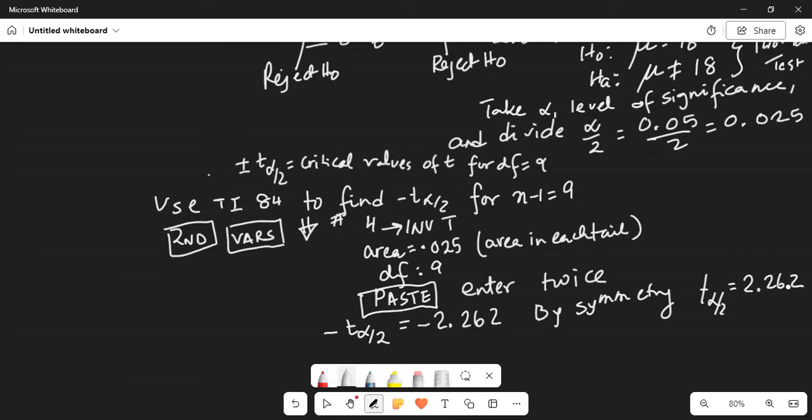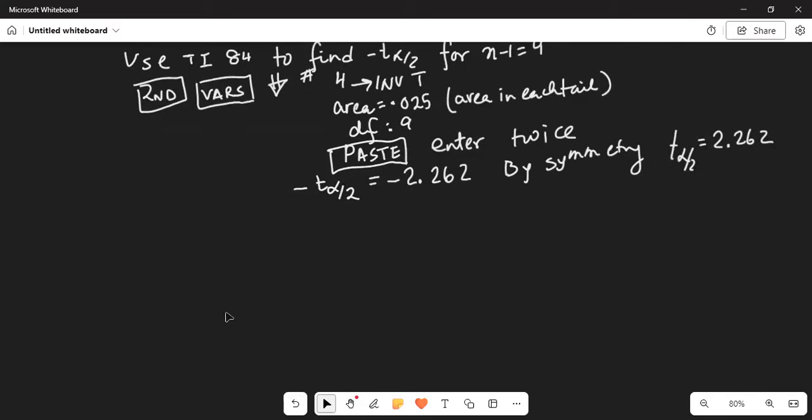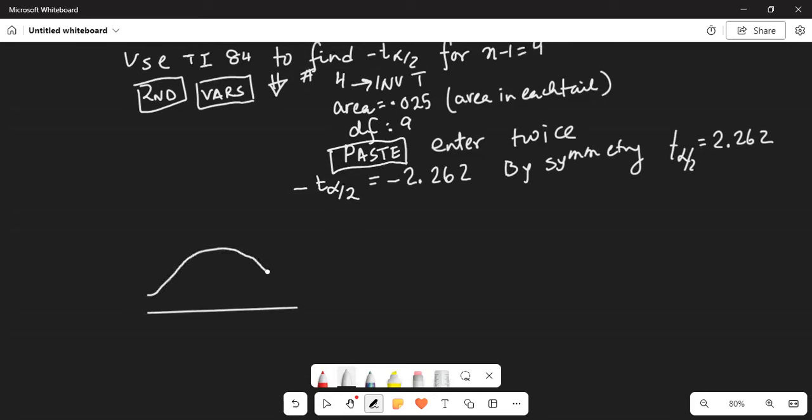So let me again draw the picture of what's going on now. First I have to create some space. This is the T distribution for df equal to 9 degrees of freedom, at the center, and you have two tails.